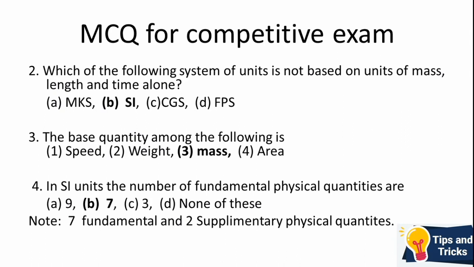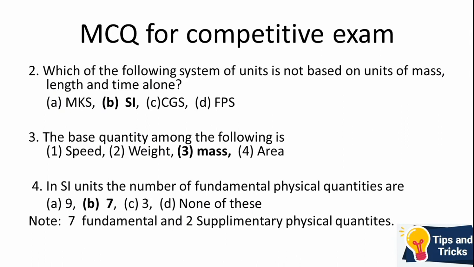We know that the MKS unit system has meter, kg and second as units. The CGS unit system has centimeter, gram and second. The FPS unit system has foot, pound and second. Foot is a unit of length, a pound is a unit of mass. Whereas the SI system has 7 fundamental units and 2 supplementary units. So the correct option is B.